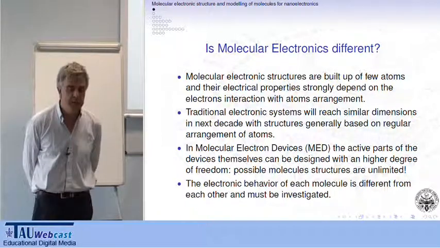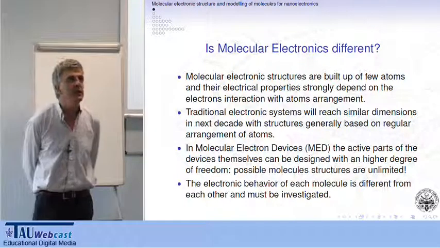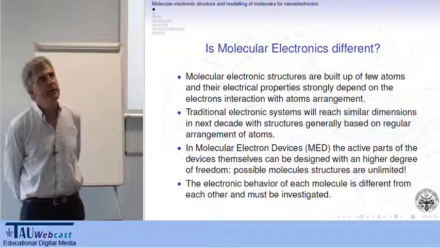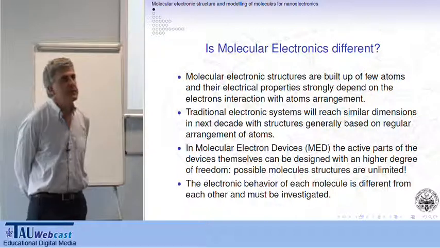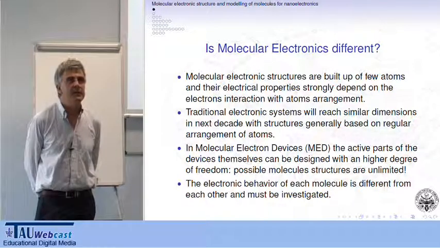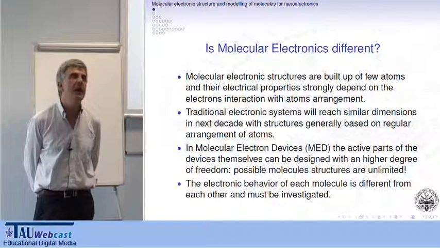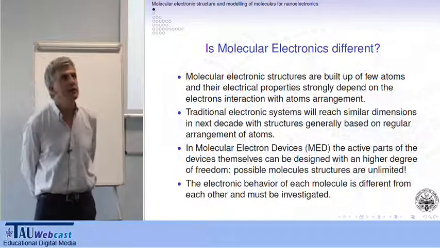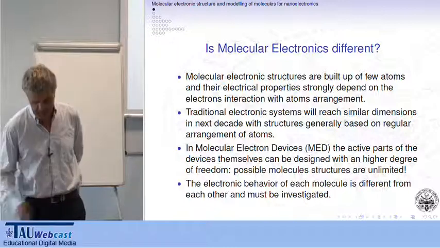Without this information, it is impossible to understand the current and the electrical behavior of molecular devices. So, in molecular electronic devices, we will start our studies with a review of the atomic orbitals and how organic compounds modify atomic orbitals to allow electronic properties in devices.